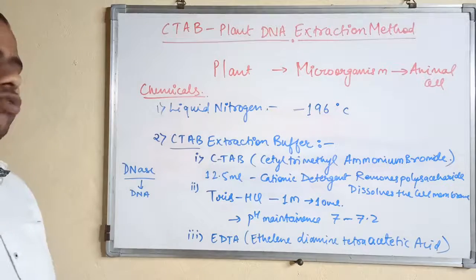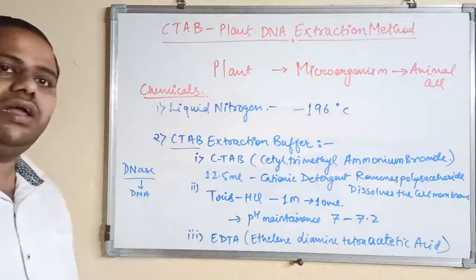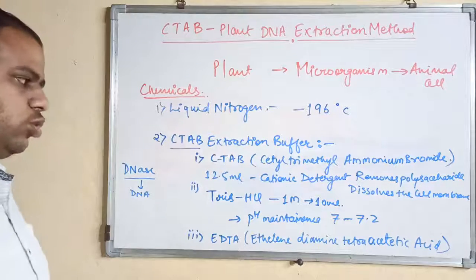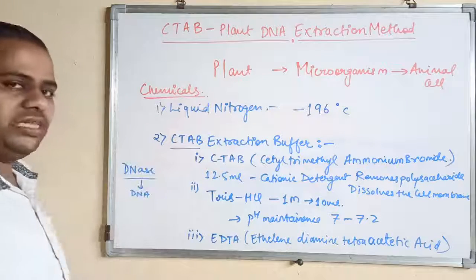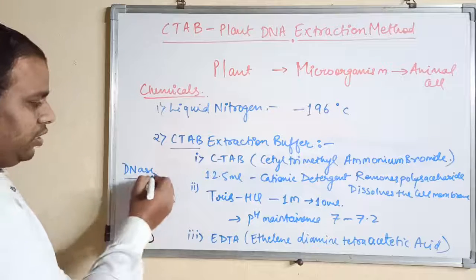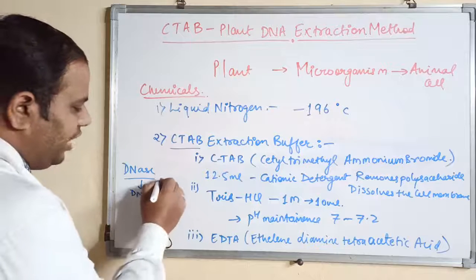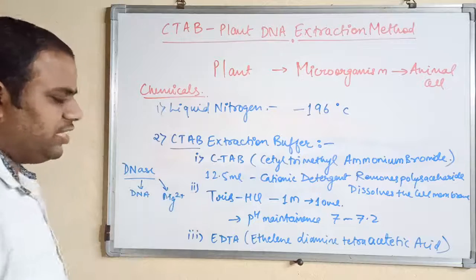Now you have used CTAB to lyse the cell membrane, which even lyses the nuclear membrane also. So DNA is now in the open and is exposed to this enzyme, so this enzyme will naturally degrade the DNA. Now the DNase enzyme degrades the DNA with the help of a cofactor, that is the magnesium divalent cation, Mg2 positive.